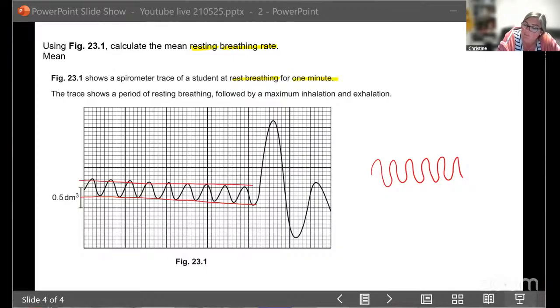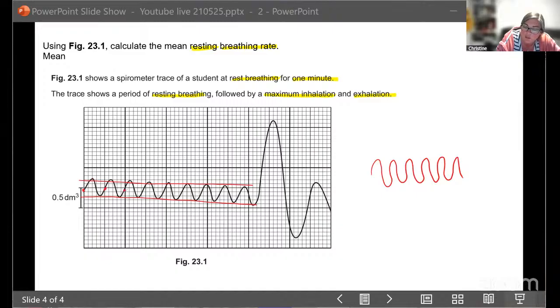The trace shows a period of resting breathing followed by a maximum inhalation and exhalation. So I need to count how many breaths I took within that 1 minute. If I start at this point here, I need to go up and down and back to that one.